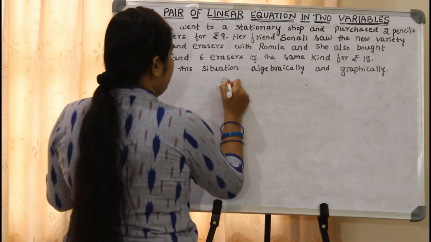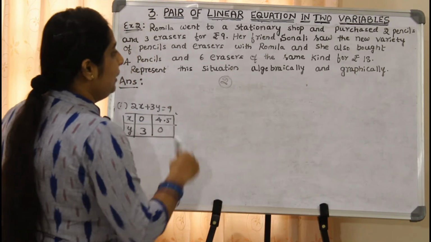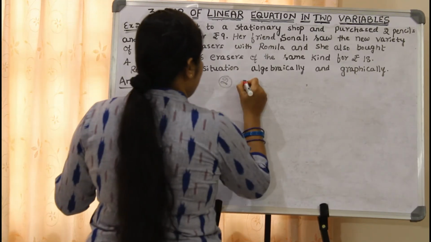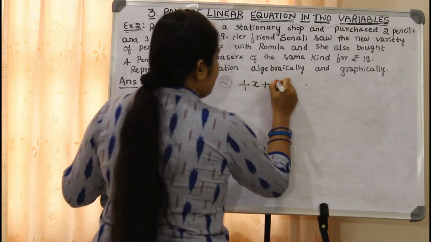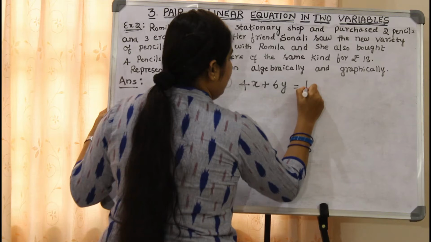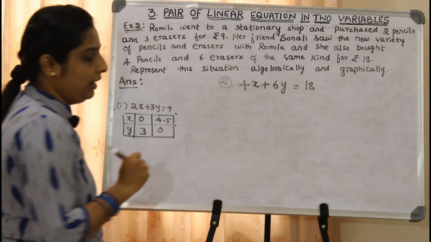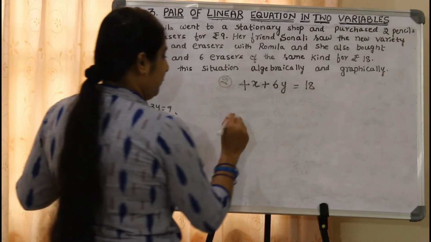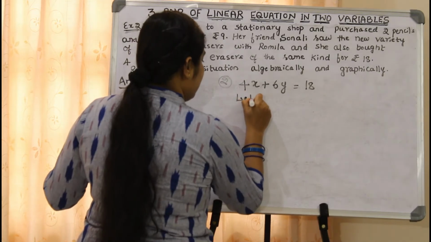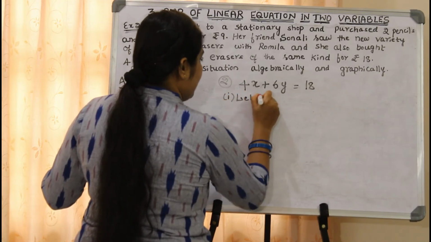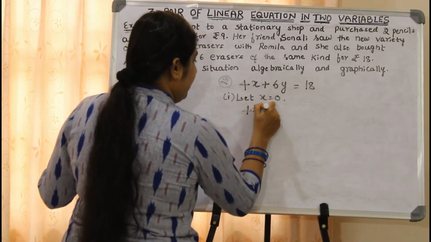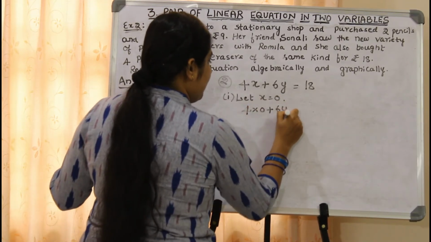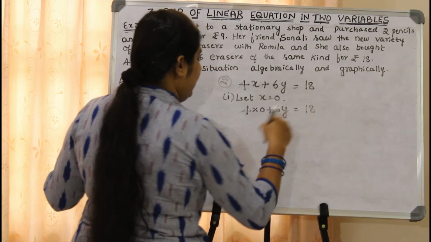Now let me go to my second equation. What was my second equation? The second equation was 4x plus 6y is equal to 18. Right? Now again let me put the value. Let first x is equal to 0. Then this will become 4 into 0 plus 6y is equal to 18.